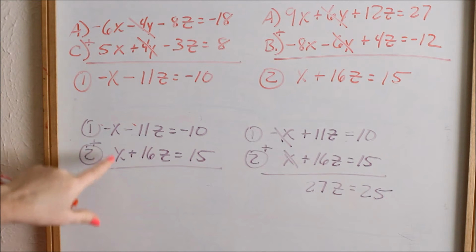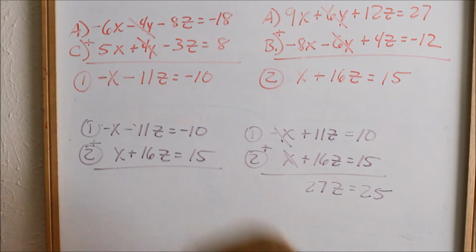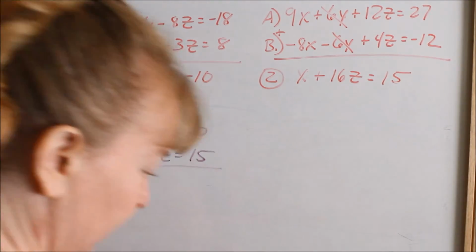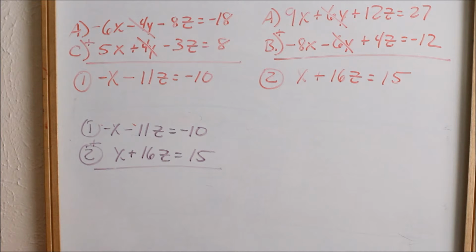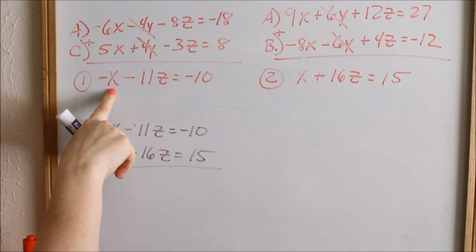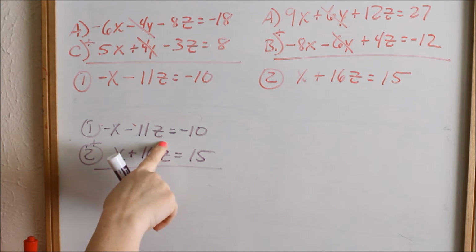So these are already going to eliminate right now. So we don't have to go through this process of multiplying by a -1. So I'm going to erase that. So they eliminate in the form that they're in right now. If I did it correctly to begin with, that would be a -x. Here's equation 1.